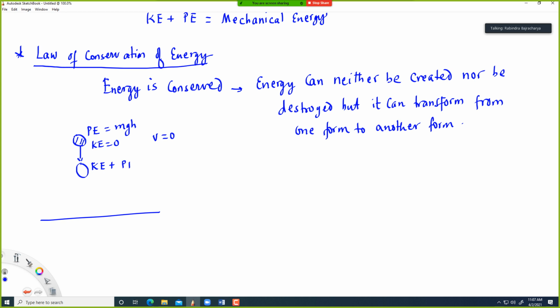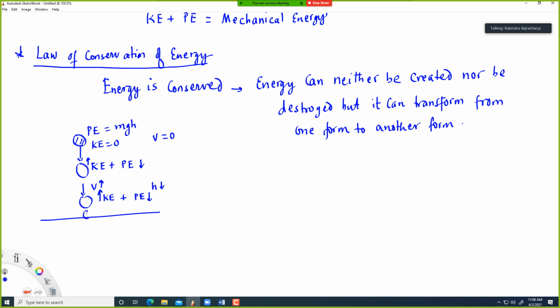It will have some kinetic energy and it will have potential energy. There will be a decrease in potential energy, but an increase in kinetic energy. As it falls, there would be a further increase in kinetic energy because of the increase in speed, and a further decrease in potential energy because of the decrease in height. So height goes down, potential energy goes down. Speed goes up, so kinetic energy goes up.